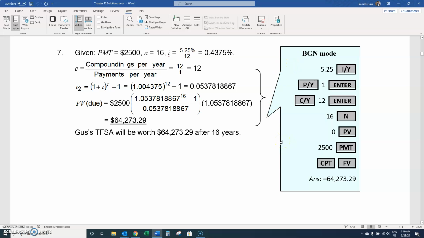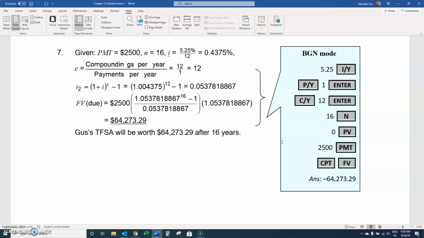Hopefully everyone has the BA II Plus calculator, and I'm going to give the directions. It's in the appendix to the chapter, but you have to hit second, BGN, which is right above the payment button. So second, BGN, and you'll see END showing up.